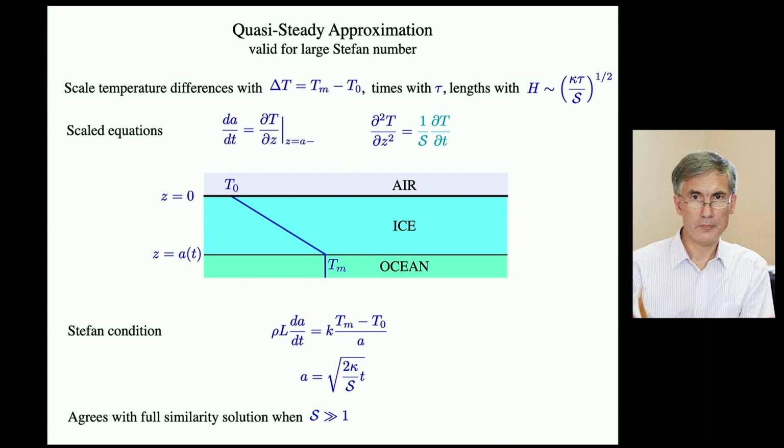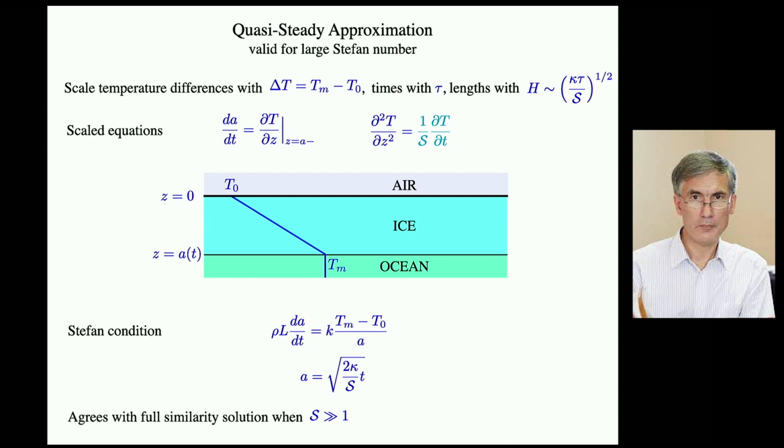But in the diffusion equation, I have the time derivative multiplied by 1 over the Stefan number. And so if the Stefan number is very large, and we'll mention some numbers in just a moment, then this term is very small, and instead of having to solve a diffusion equation, I can solve Laplace's equation, which in one dimension is just the second derivative of T is 0.